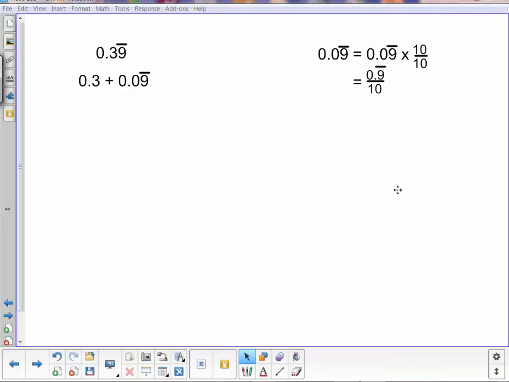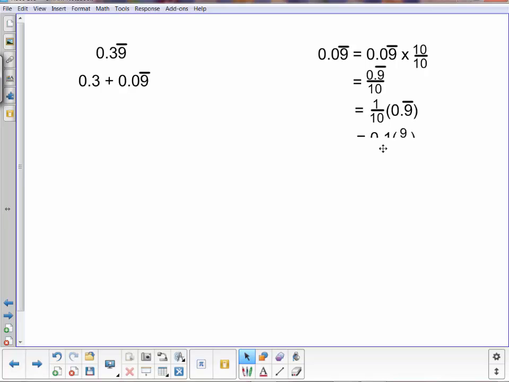Continuing to be a bit creative, I can change the format of this fraction by changing it into a multiplication of 1/10 times 0.9 bar.